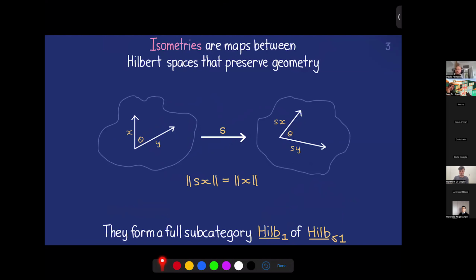Amongst the contractions are the isometries, and these are the maps that preserve the geometry exactly. They're defined to be the maps that preserve lengths, but by virtue of preserving lengths, they also preserve the inner product. And these of course form a full subcategory of Hild that I'll denote Hild 1.